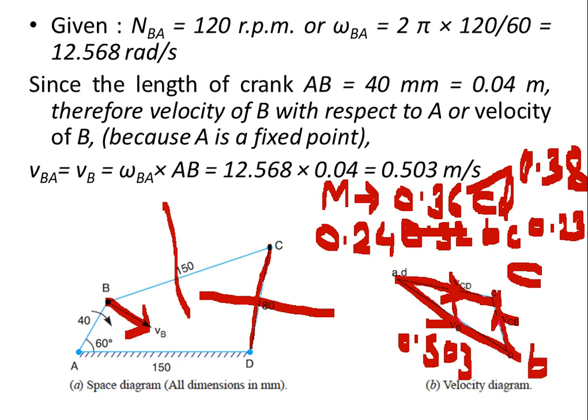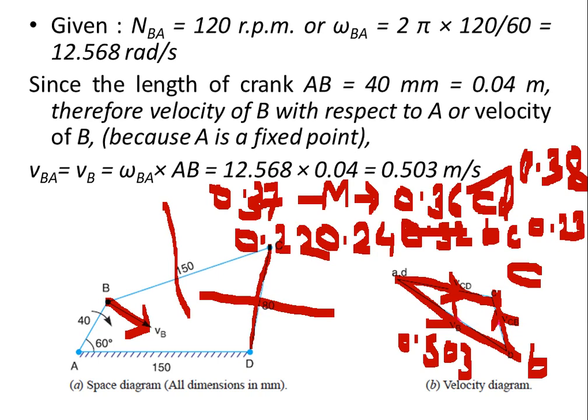Sir, BC 0.22 and CD 0.37, sir. Okay, one more answer, CD 0.37, and BC 0.22, sir. Okay, so you have seen that all are getting the same range.